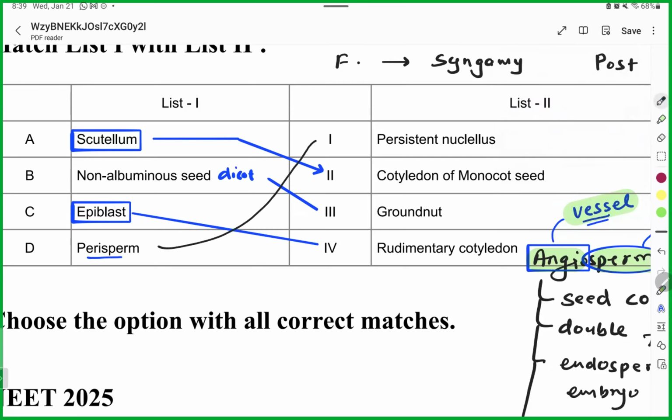That is persistent nucellus. Any doubt, guys? No, sir.